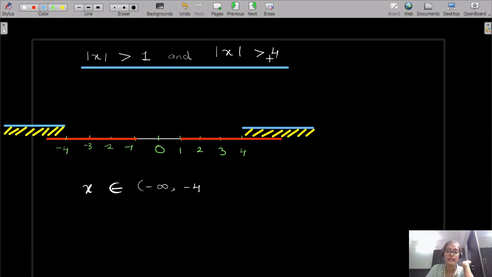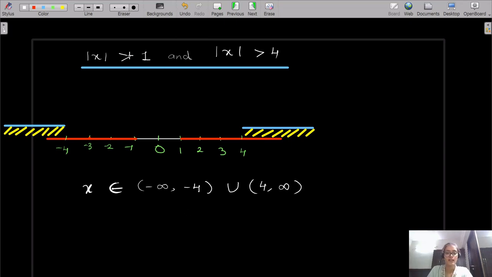If this had been like this, then we would have put a square bracket here, but since we do not have equality symbol, we are going to keep the parentheses. So all these points and all the numbers which are greater than 4, so 4 to infinity.